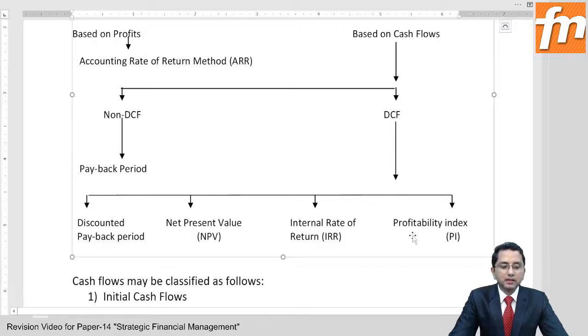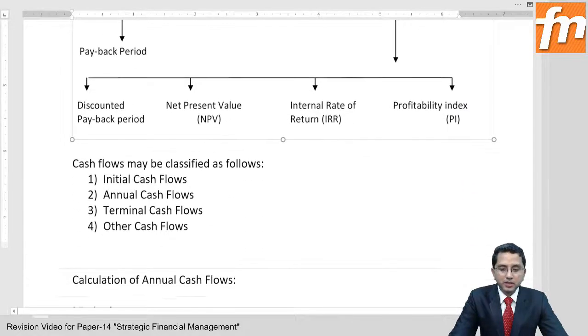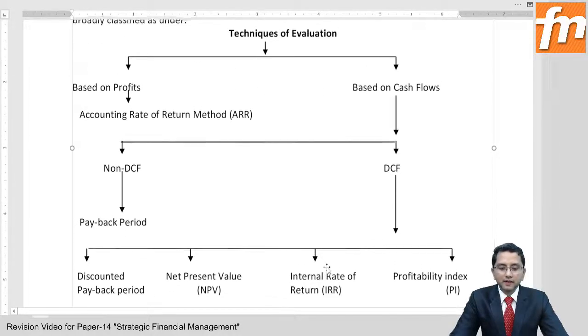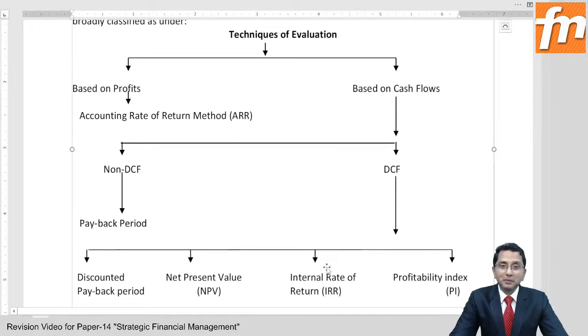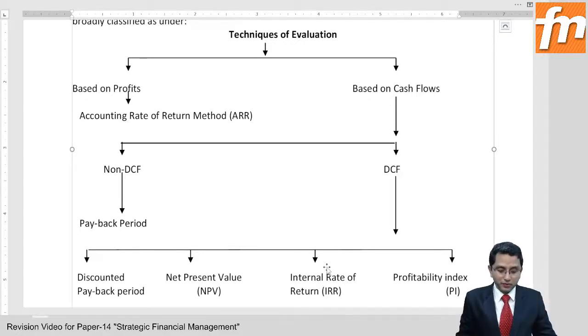Then there is the profitability index method, or the PI method. So these are the various methods of evaluation in capital budgeting. You can see a total of 7 methods, and out of these 7 methods, 6 are based on cash flows.